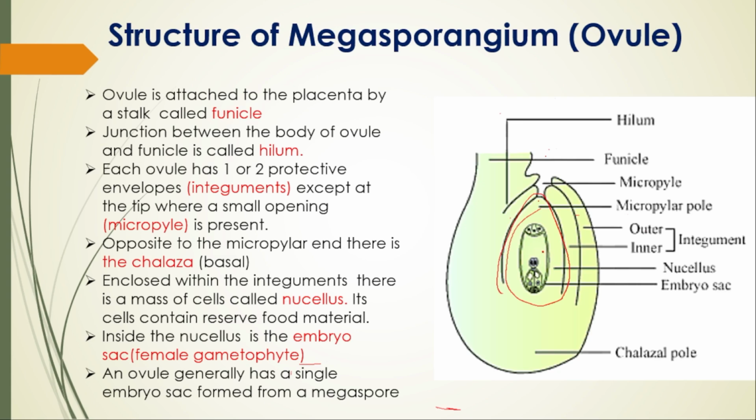An ovule generally has a single embryo sac. One ovule will have one embryo sac, formed from a megaspore.